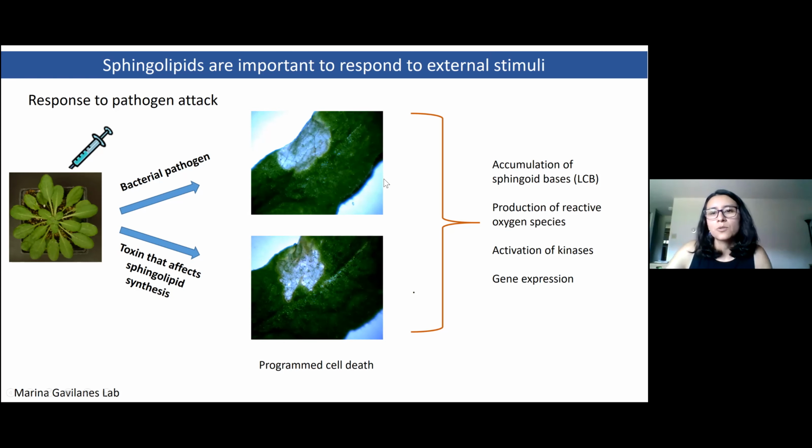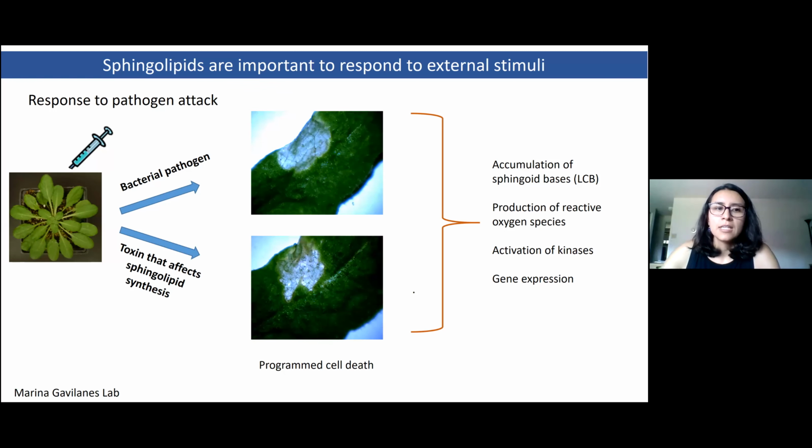However, if you also quantify other signaling processes, for example, you see that the long chain bases accumulate, that the reactive oxygen species accumulate, and there's activation of the same kinases, and there's activation of gene expression. So this is an example in which this specific sphingolipid class can have an effect as signaling and can be a messenger telling the plant cells there's something going on.